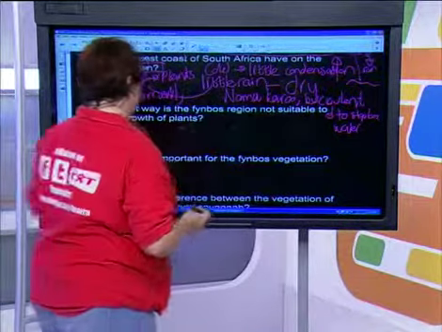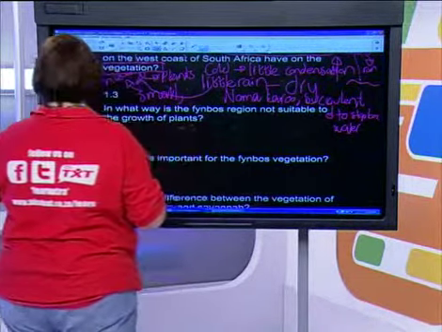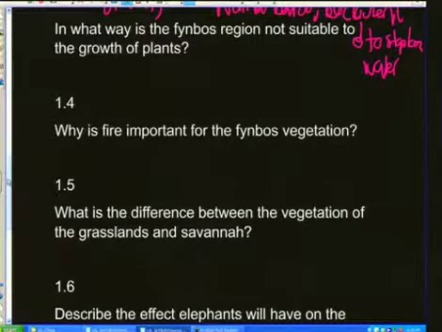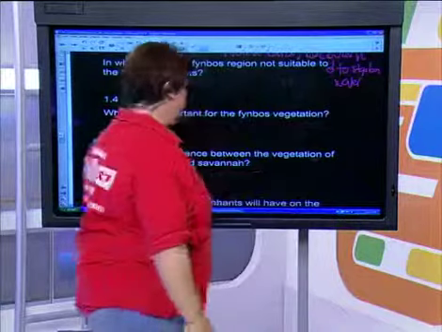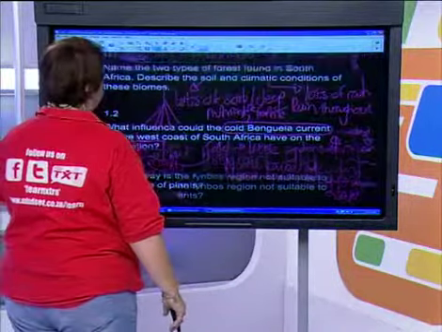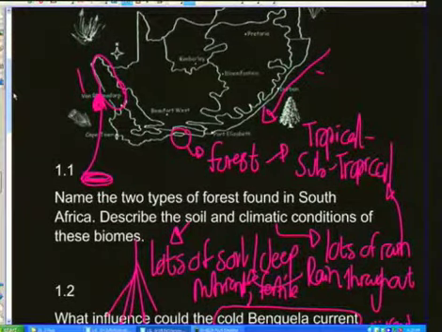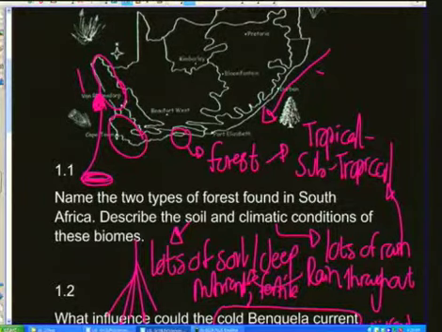Okay, next question. It's your fynbos. In what way is the fynbos region not suitable to the growth of plants? Okay, have a look. If we look at our fynbos, let's go back to our map. Remember you need to know your regions. If you don't know your regions, then you are going to be lost. Here is fynbos, around the Western Cape areas. And what do we know?